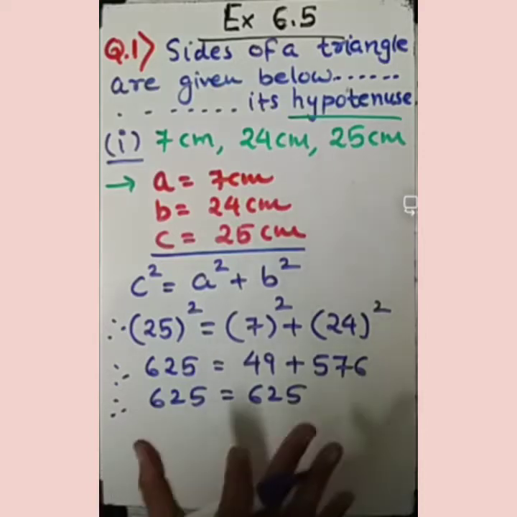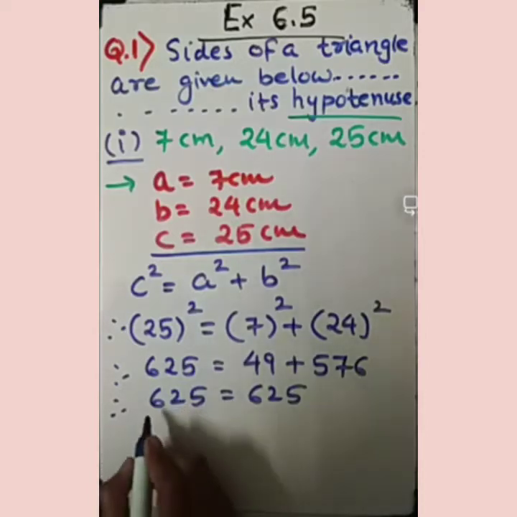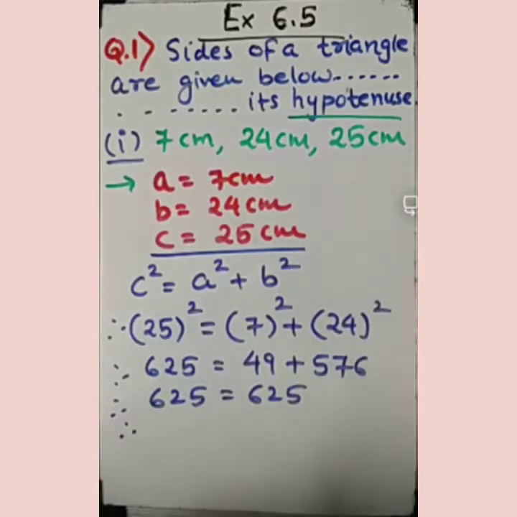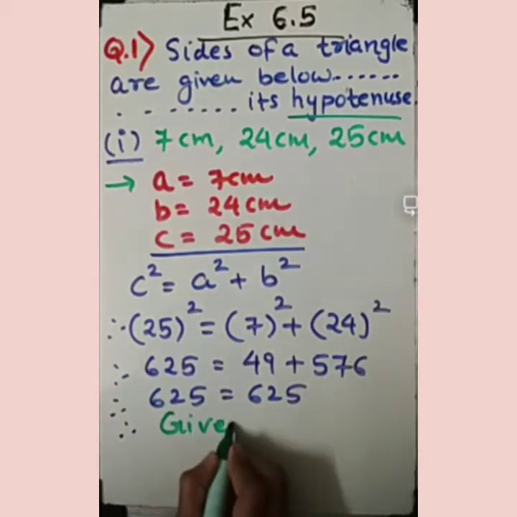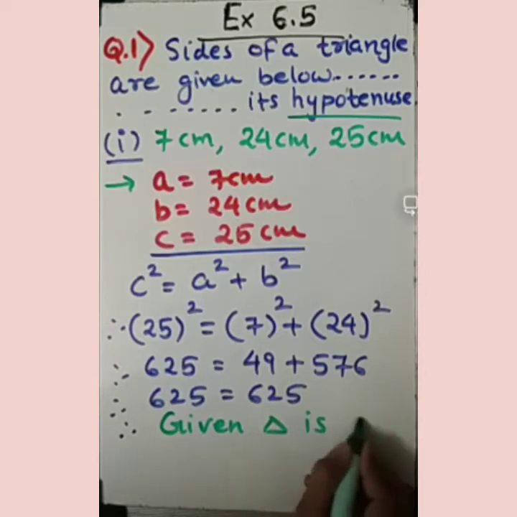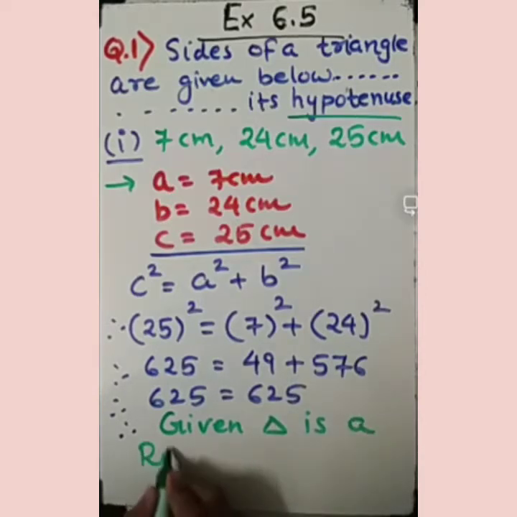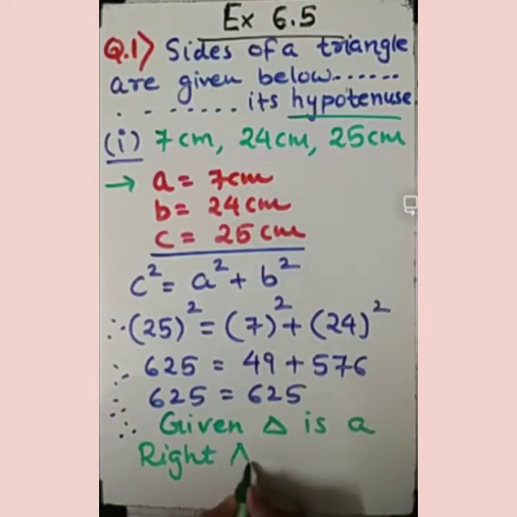So we can say that the given triangle is a right angle triangle. Therefore, the final answer we need to write is: the given triangle is a right angle triangle. Clear to you, beta?